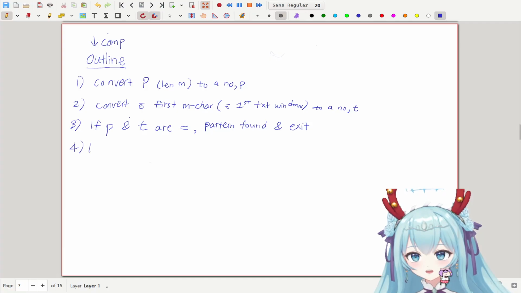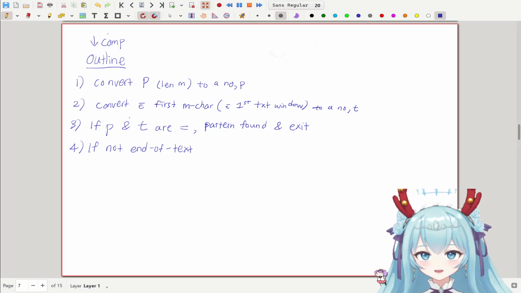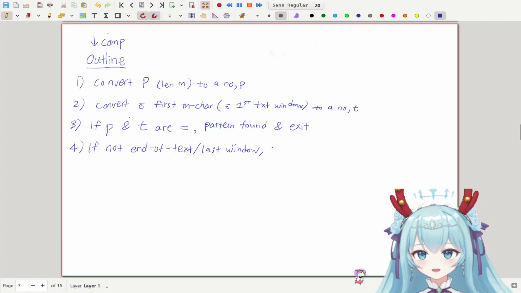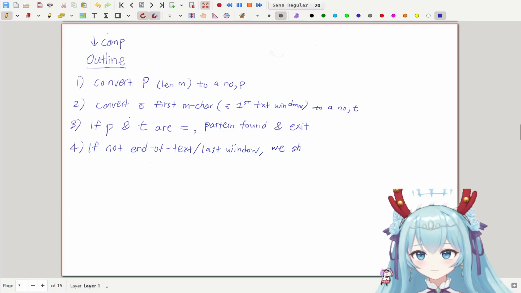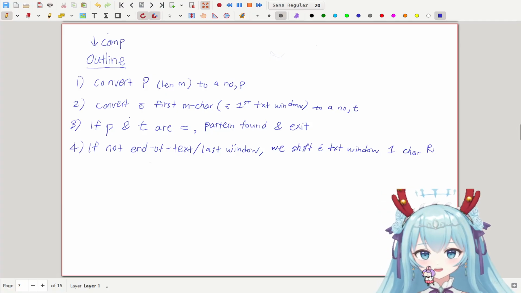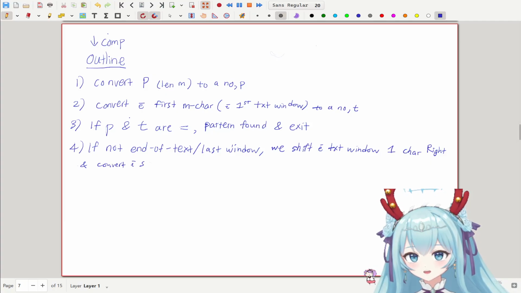And lastly, if it's not the end of the text, you should note the last window, we shift the text window one character right, and convert the string in it to a number t.